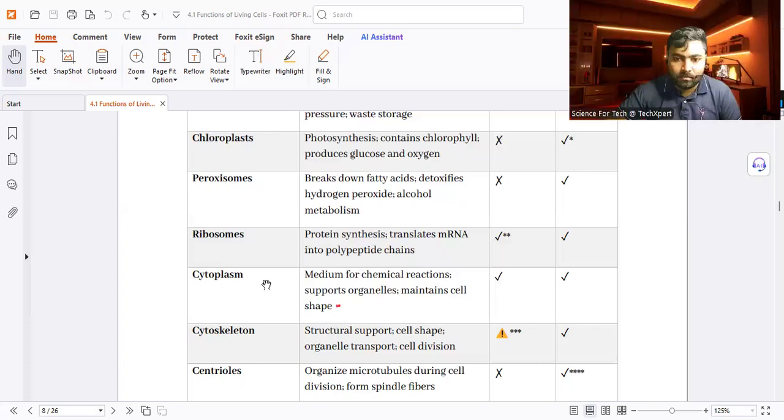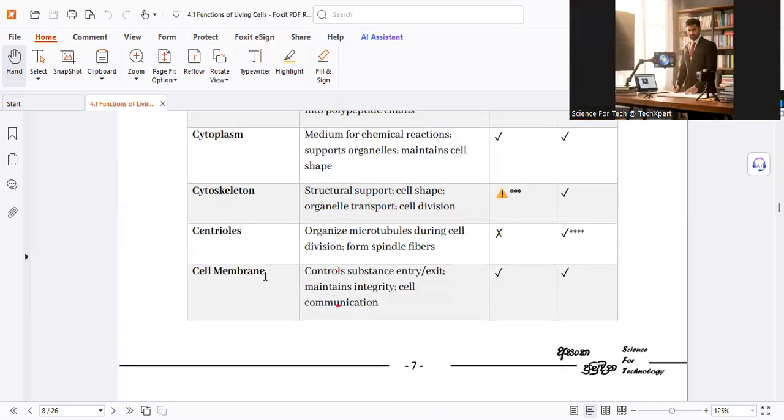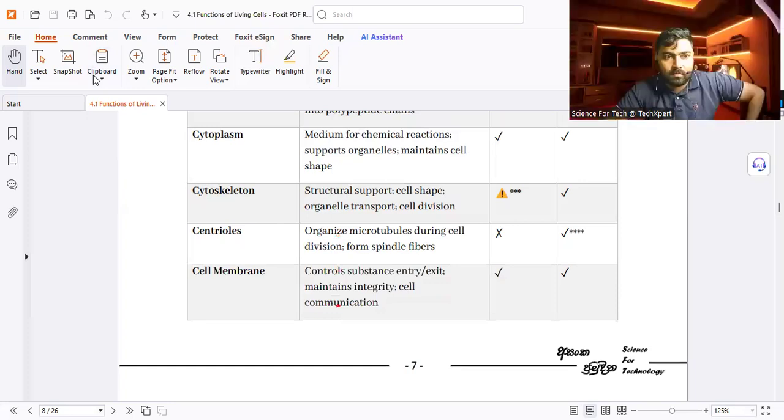Okay, next one is cytoskeleton. This one also is not too important for you. It provides structural support, cell shape, organelle transport, and cell division.